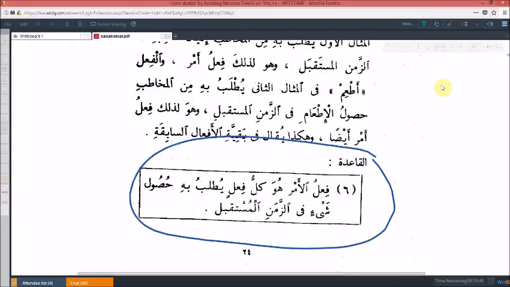Right? A command verb is every verb which wants something to be done in the future. And as Sheikh Salam said, just like he said in the past tense, even if it was just 1 second ago, then the husulu shay fi zaman al-mustaqbil, the doing of something in the future, even if it's a second from now.